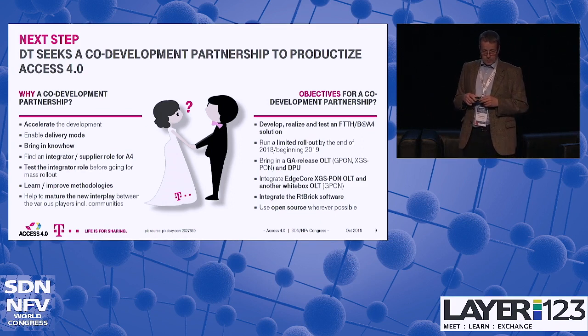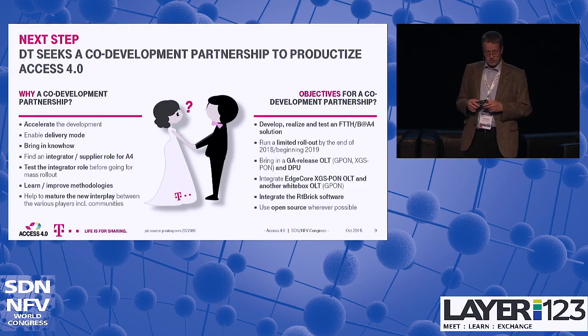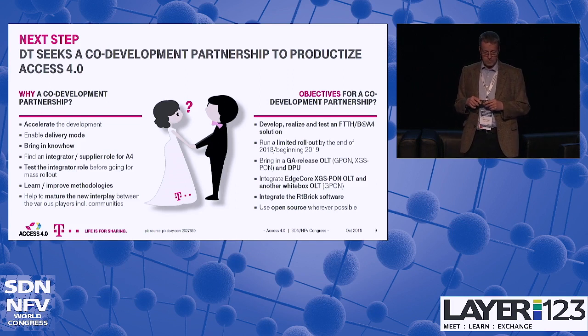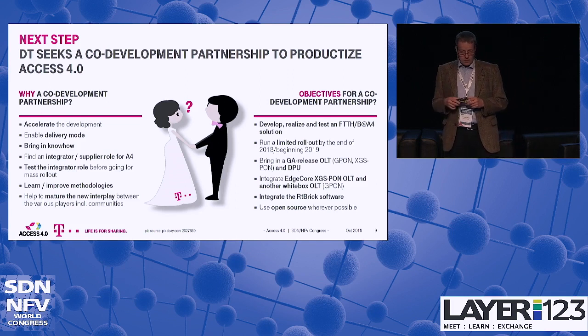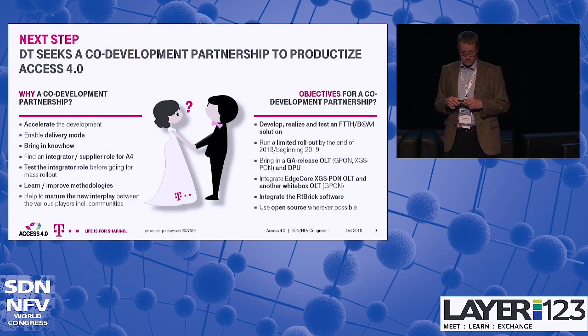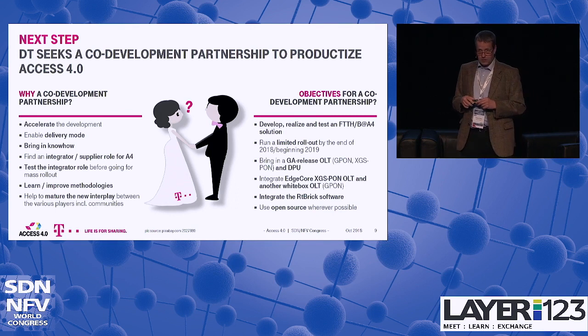What's also very important here is to integrate the RT-Brick software. RT-Brick software is our software for management, and we also have an implementation of our switching fabric. And thanks also to our Radisys colleagues, we also have to integrate their software here. And finally, of course, using open software wherever possible. That's our general aim here.